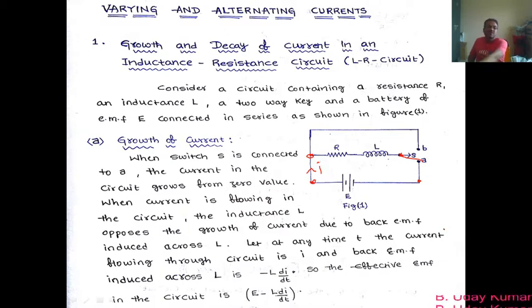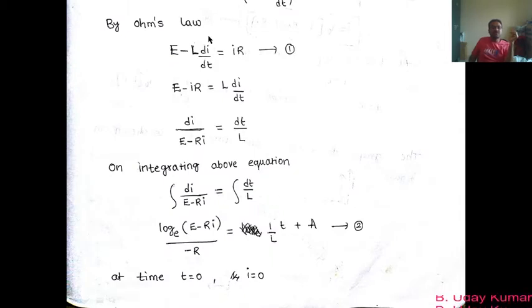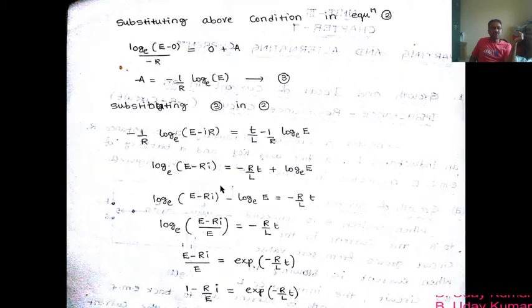So this equation we try to solve by using Ohm's law. The effective EMF in the circuit is written as E minus L into di by dt, which becomes equal to I times capital R, where this L di by dt is always taken as minus because it always opposes the applied EMF. On rearranging and simplifying, all these calculations we have done yesterday.